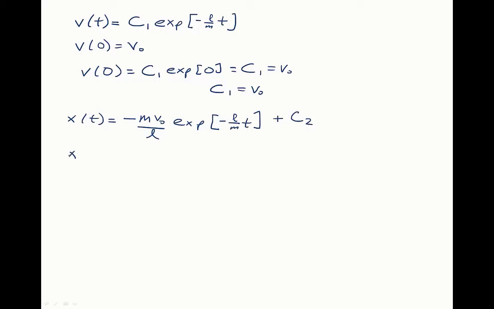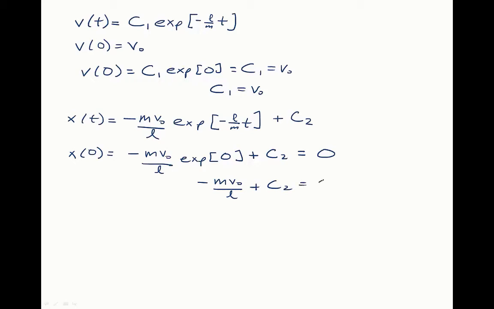And we plug in x of 0 at time t equals 0. We get the exponent of 0 plus c2, and this should equal 0. Well, we know that the exponent of 0 is 1, so it's m v0 over L plus c2 equals 0. Therefore, c2 equals m v0 over L.